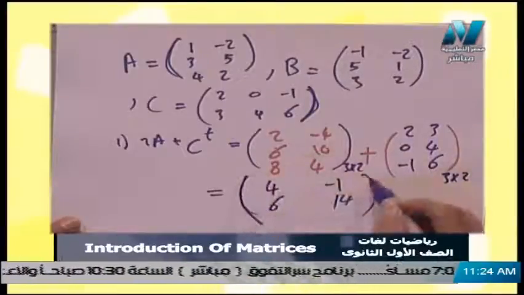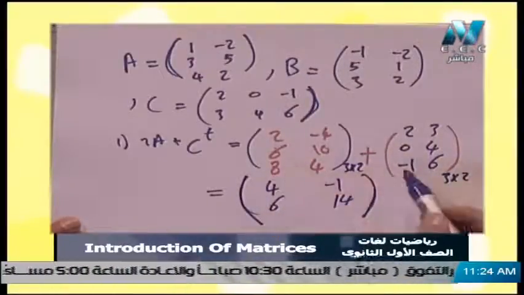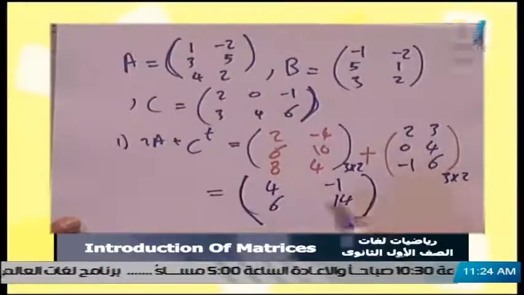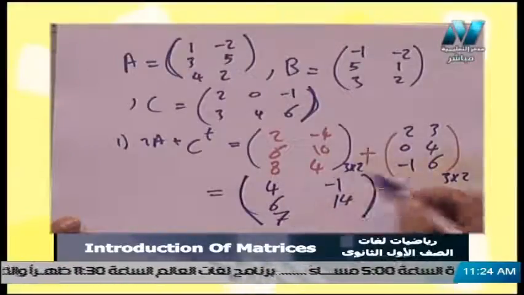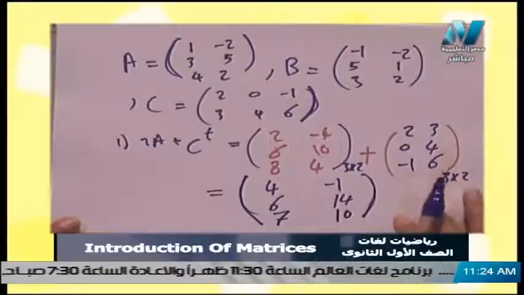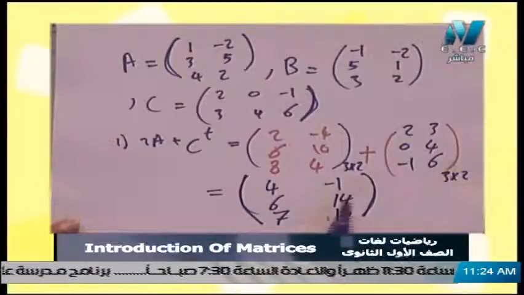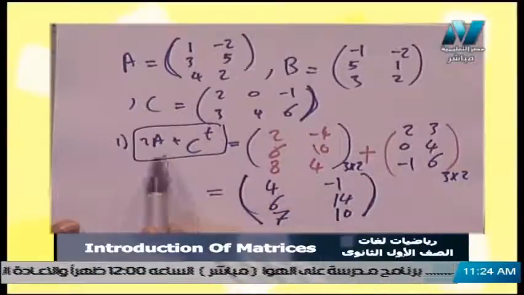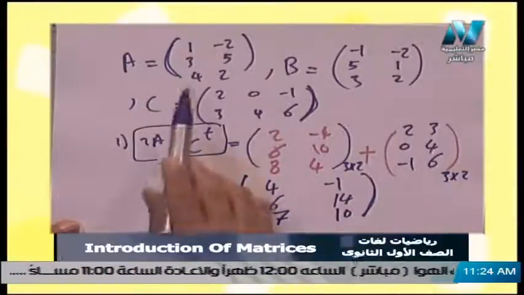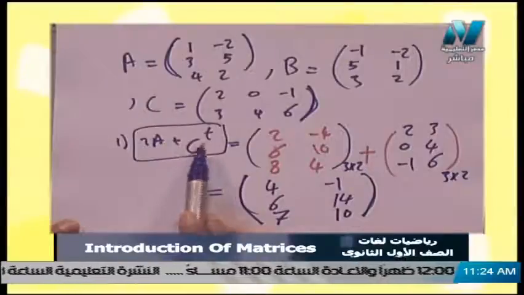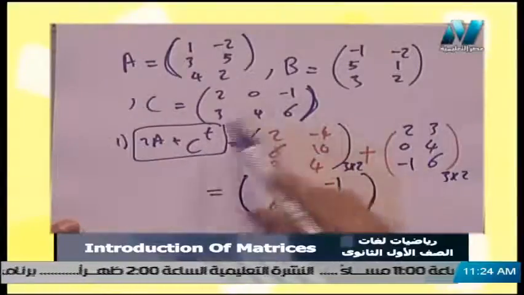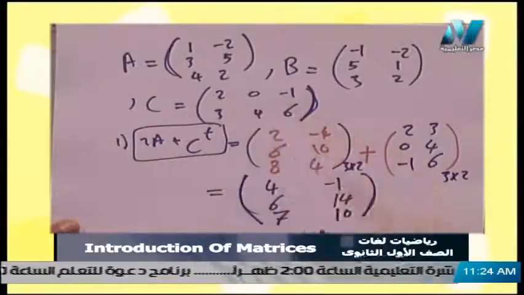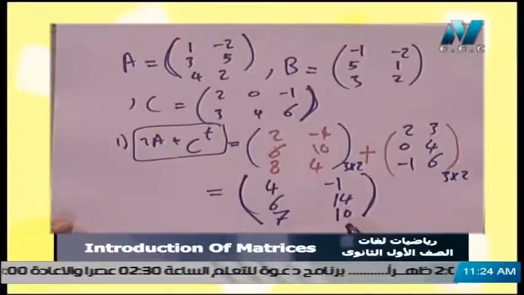And we have also the final row: 8 plus negative 1 equals 7, 4 plus 6 equals 10. So we have the final answer for this expression, 2A plus C transpose. This is the final answer.